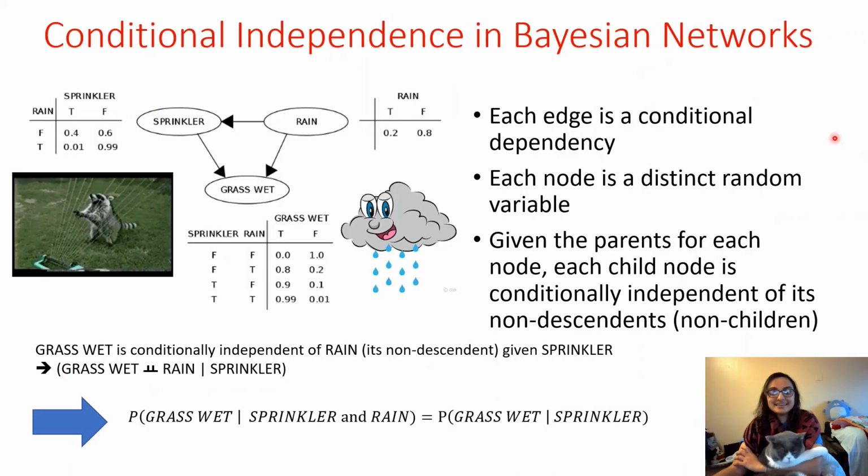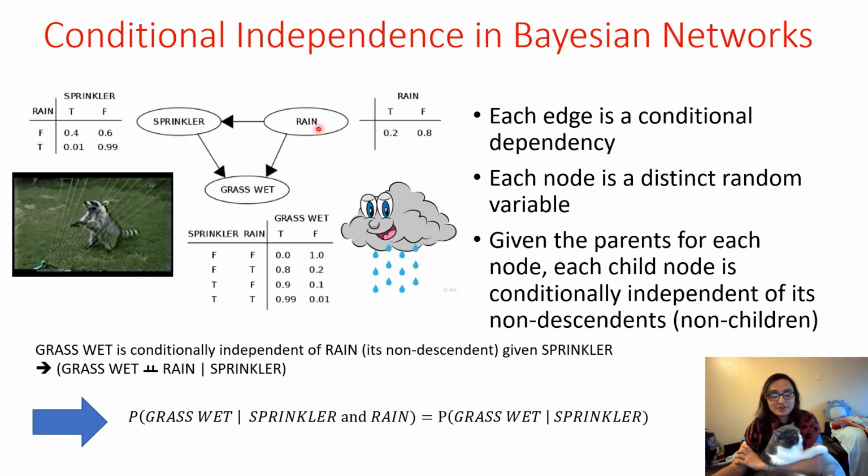So the idea is that in Bayesian networks, each edge is a conditional dependency. We can see this rain node, sprinkler node, and grass wet node. I talk about this more in other videos, but these are what the nodes are here. Each node is a distinct random variable.